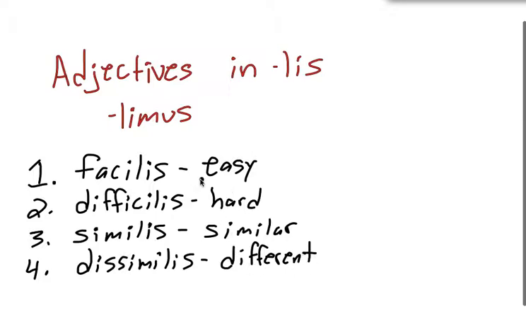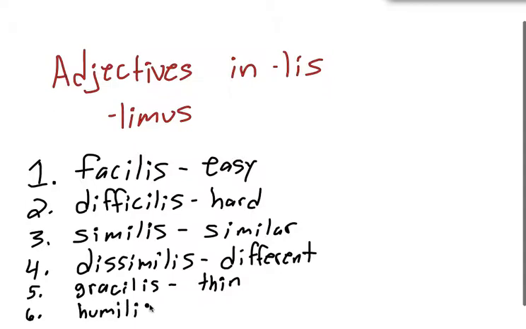Okay, so those are the easy ones to remember. Facilis, difficilis, similis, dissimilis, and there are 2 others that we haven't talked about yet. Gracilis means thin. And the last one is humilis, which means either low or humble, like low to the ground, or humble as in not a very proud person. Okay, the opposite of superbus, proud.